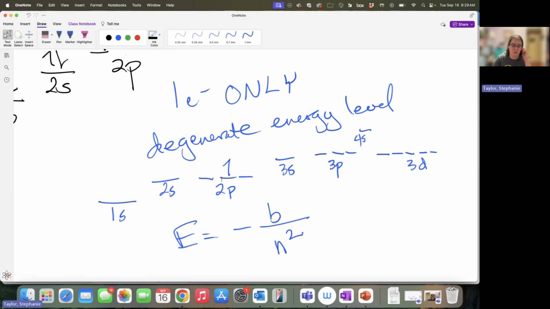Even though it fails when you get to multiple electrons, degenerate is important because it's why the Bohr equation isn't just thrown out the window. It works because if you only have one electron, your energy levels are degenerate, meaning every subshell inside of a shell is the same energy, only in a one electron system.